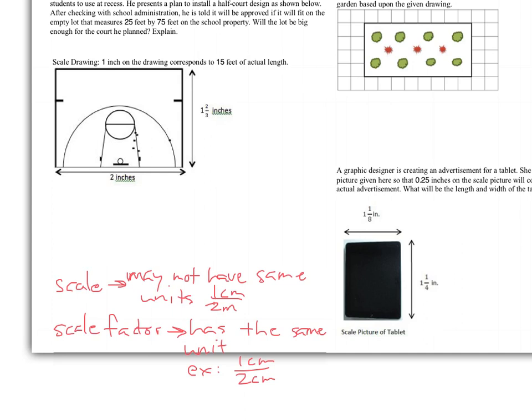Because when we have 1 centimeter, and we have 2 meters down here, that's really the same as 1 centimeter to 200 centimeters. So we can see there that that's not going to be the same. It's going to be 200 times different rather than 2 times different. So when we're talking about scale factor, it's always going to be that converted.